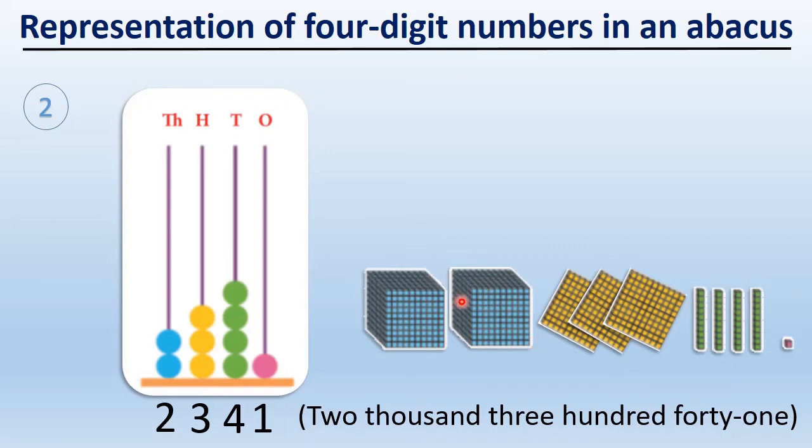This is 2000, these 3 together 300, these 4 together 40, and this is 1. All together here we have 2341 beads. I hope you are understanding both ways of representing numbers using an abacus and using beads.